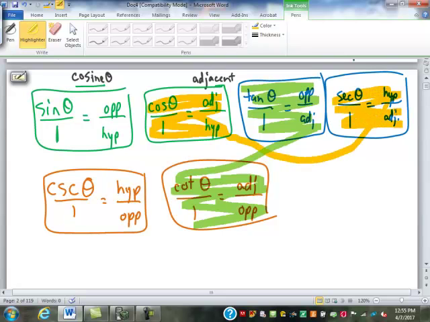Secant is hypotenuse over adjacent. Again, they're reciprocals. Sine is opposite over hypotenuse. Cosecant is hypotenuse over opposite. Again, just flip it over. When we go to look at calculating these with the calculator, that's going to be kind of an important thing.